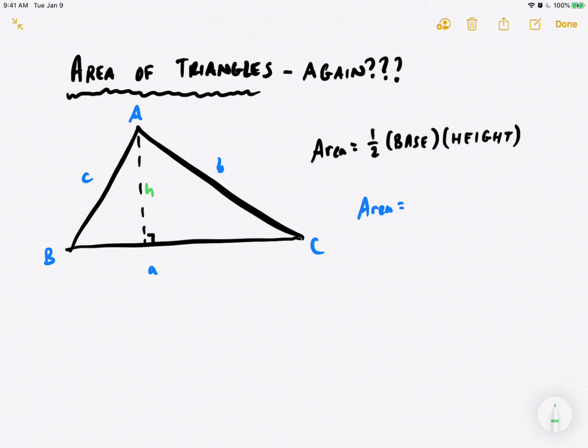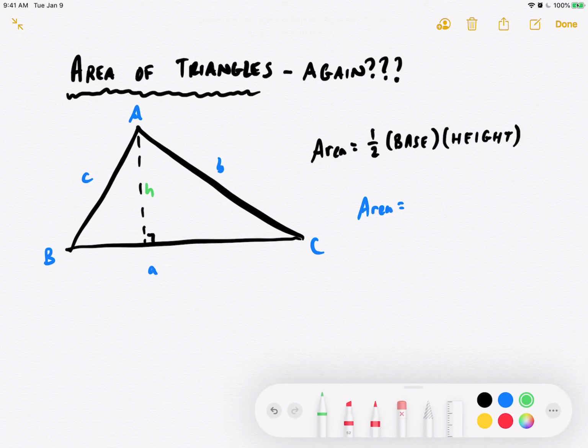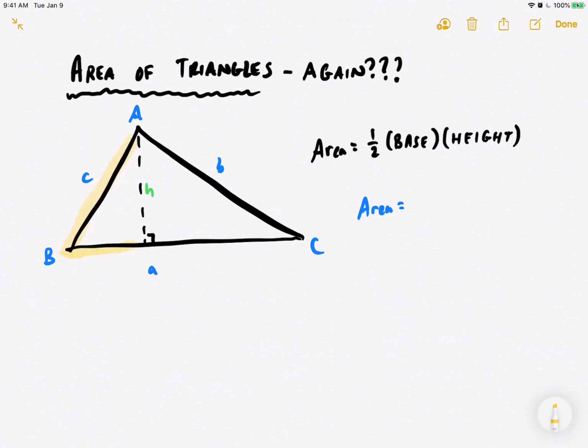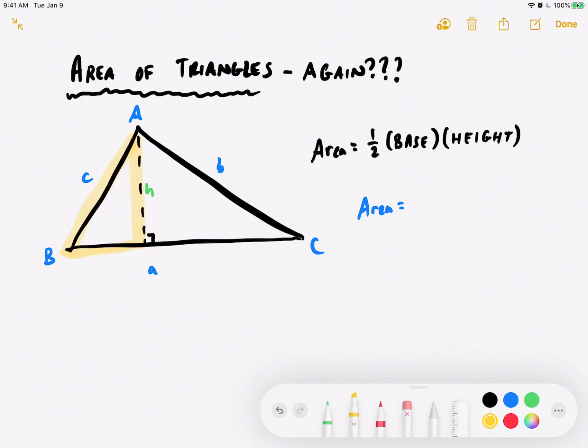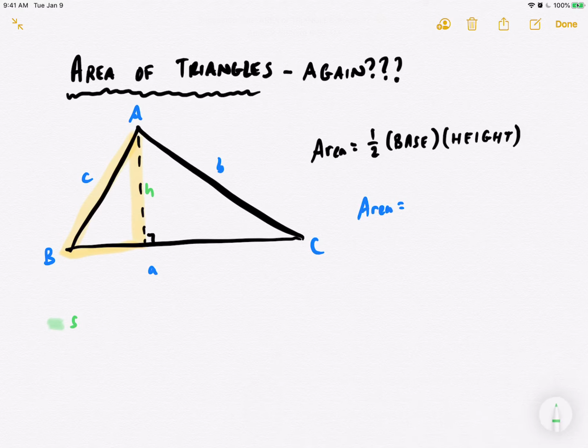So here's my height. I'll just call it h here. And if I focus in on this triangle on the left, this right triangle that's formed by that altitude h, then it's pretty clear that the sine of angle B is equal to h over c. So h is equal to c sine B.